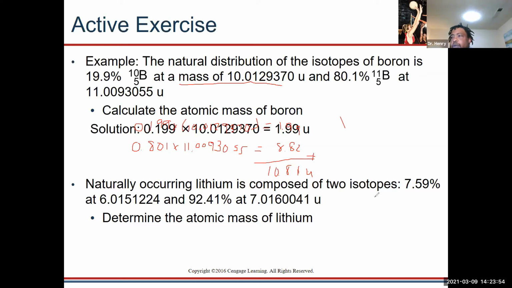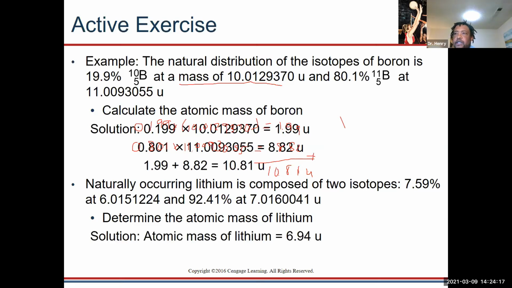That's the same thing with each element. Here's another example with lithium. I won't go over it since I used the example for neon, but you can try it yourself because you may see it on a test.